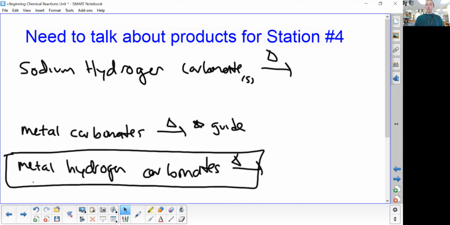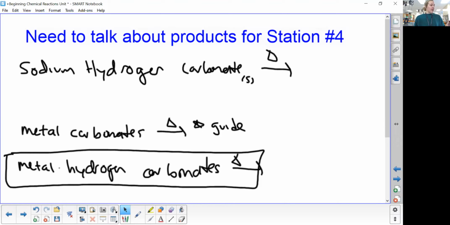You can also look up what metal hydrogen carbonates decompose into, but your observations can really help you with that one. Tomorrow I will go more in detail with this, but I just want to emphasize, if you're working on it tonight, this is the only reaction you really can't use your guide with because they don't mention hydrogen carbonates in there, okay?